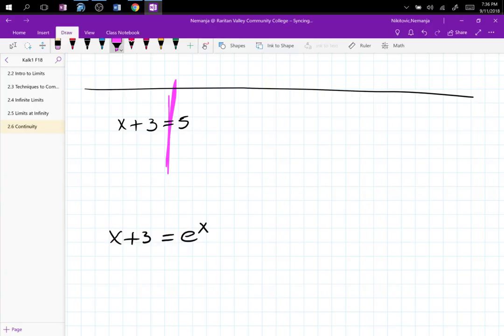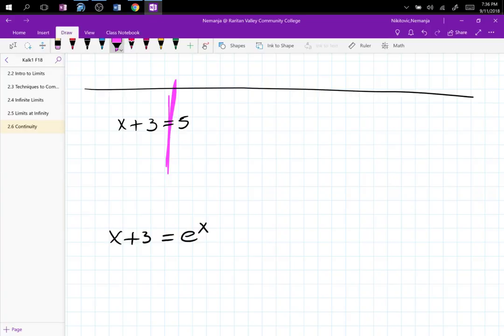When you graph them, they either intersect or they do not intersect. If they intersect, that's your solution. If they do not intersect, there is no solution. And that is the ultimate way.